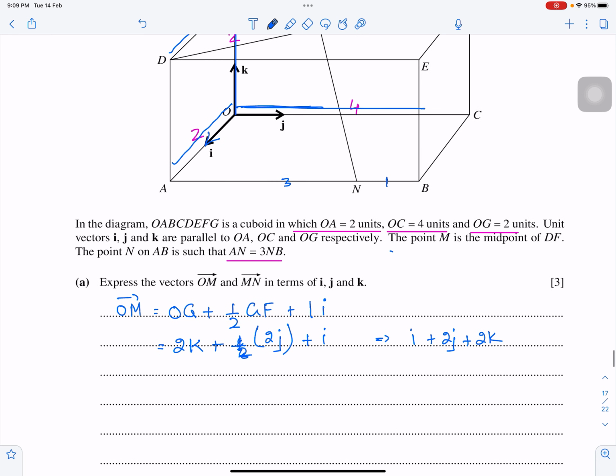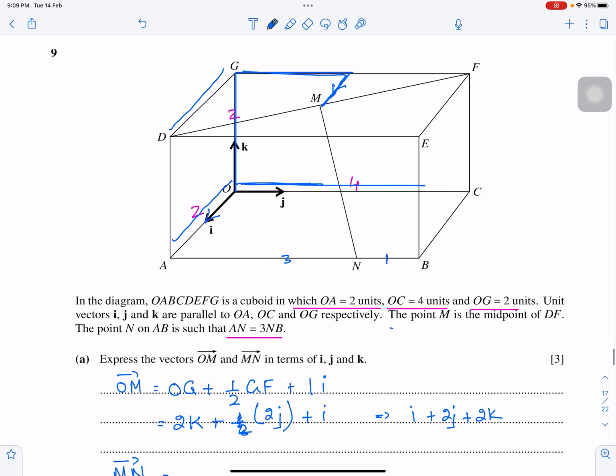Now let's find MN. Again you have to see how you will move. Let me erase all these lines so that it's easy to see the diagram. Now I have to go from M to N. What route will you take?